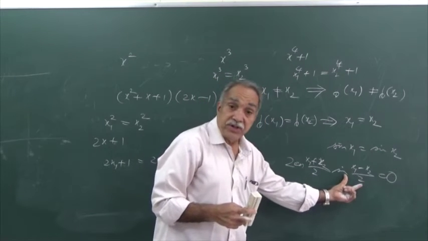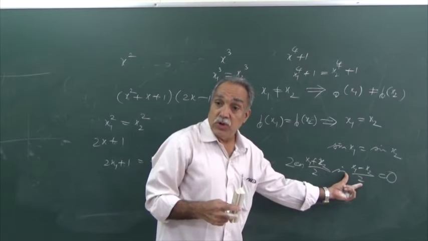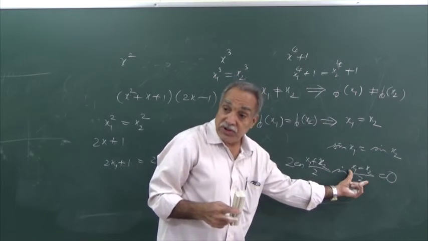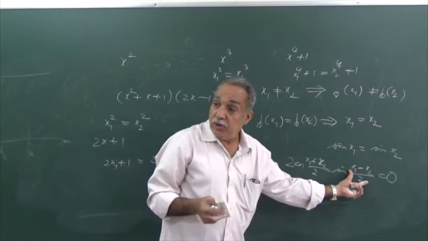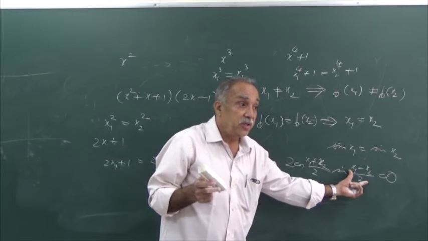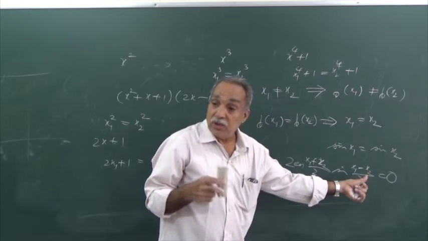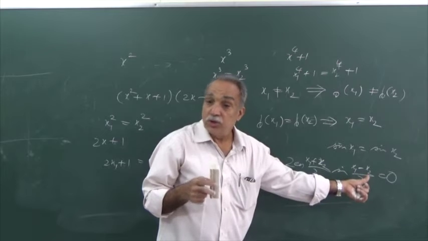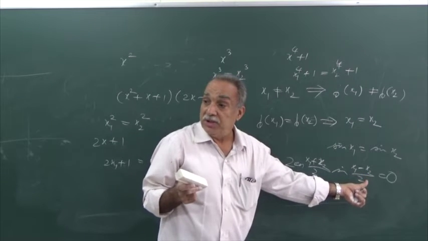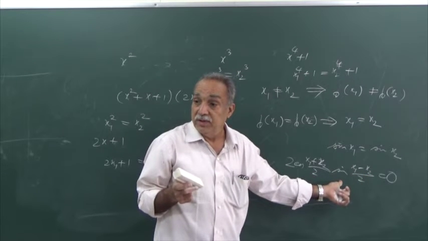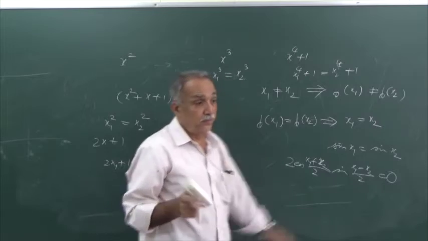Even if you consider this component, this equal to 0 means this argument may be 0, maybe pi, maybe 2 pi, infinitely many possibilities. So x1 and x2 may be equal, x1 minus x2 may be equal to 2 pi, x1 minus x2 may be equal to 4 pi, so many possibilities. The function is not 1-1. Is it clear?